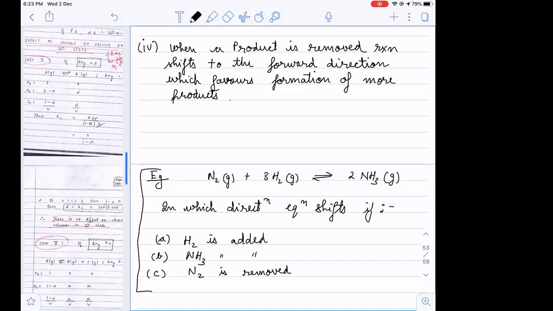Yes, sir. Okay, please tell the answer. It's very easy. H2 is added. Come on. Have you forgotten how to calculate this? Nikhil, can you hear the voice? Nikhil, not able to hear you, child. Charan, your answer, please.